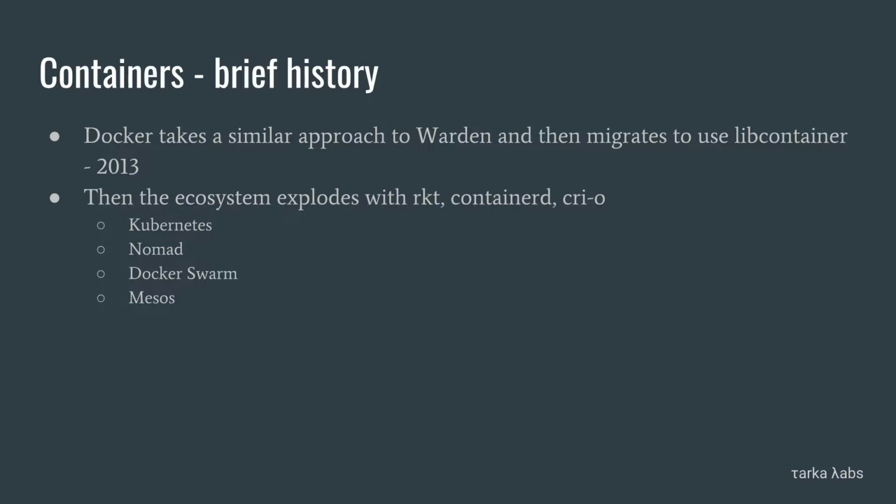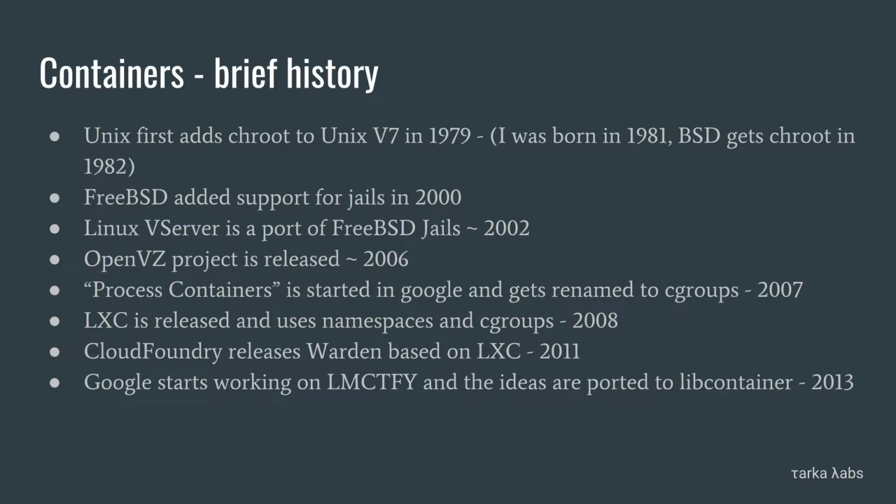What also enabled them to move this fast compared to other things was that they were building this on top of Go. So Docker was probably the first proper container application built on top of Go, because even LMCTFY was built with C++.